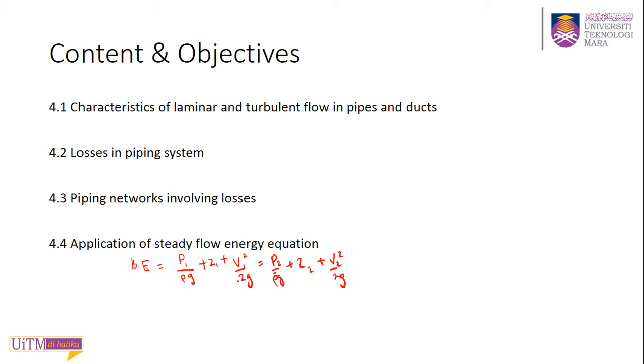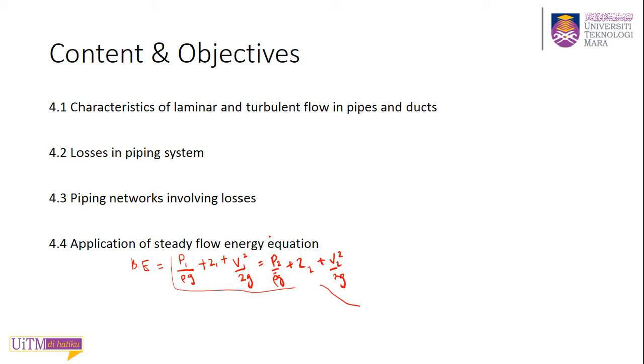But in real life, as we discussed before, all flows have friction, because of the interaction between the flow and the pipe wall, so there will always be friction, and because of that you will have losses. So in chapter 4 we will understand how to calculate those losses, and then include them in our Bernoulli equation, which will be expanded with more terms, including the losses in your pipe. That is what chapter 4 is.